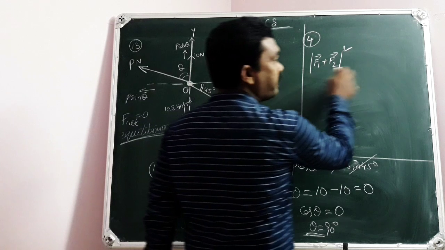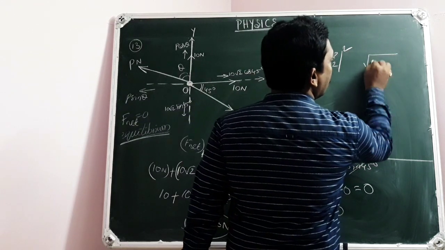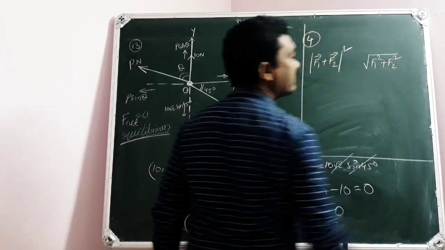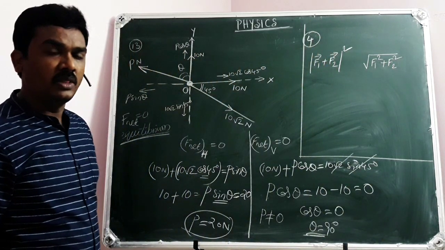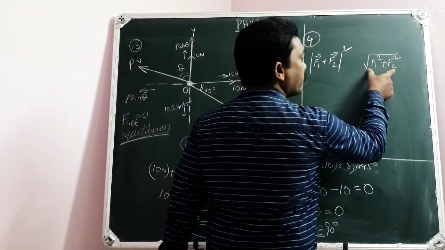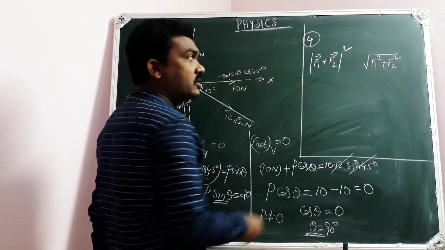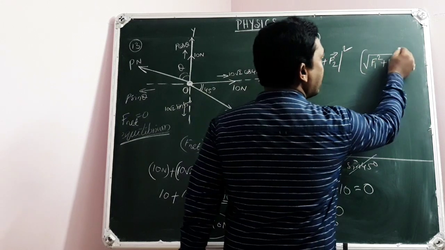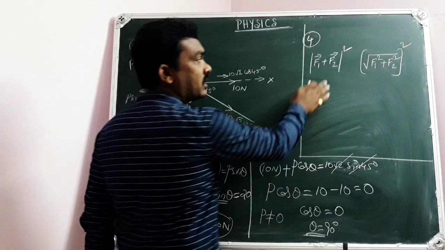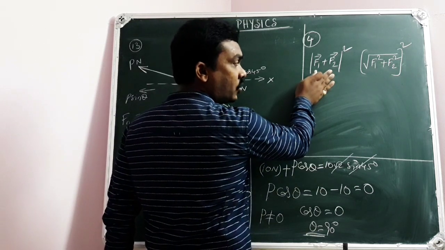If these two forces are perpendicular, the resultant is root of F1 square plus F2 square. This is the square of the resultant when they are perpendicular. This is the square of the resultant when they are at an angle theta, unknown.